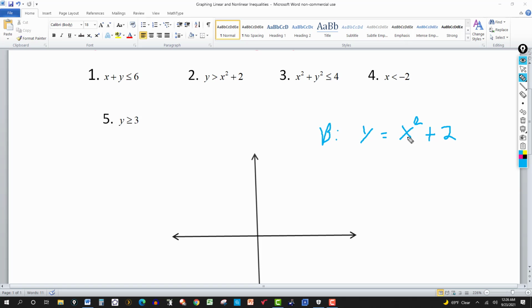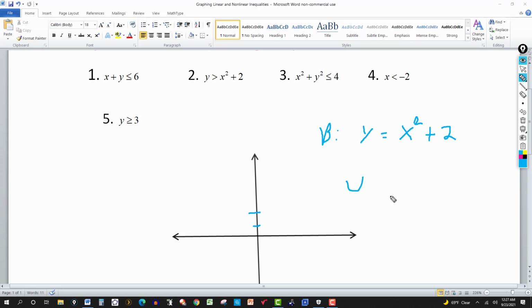Y equals x squared is just a parabola with vertex at the origin, so it kind of goes like this. If I put a 2 there, it simply moves the vertex 2 units up. So instead of passing through 0, 0, it'll go like this. If it's a positive coefficient in front of the x squared, it opens up like a U that way.